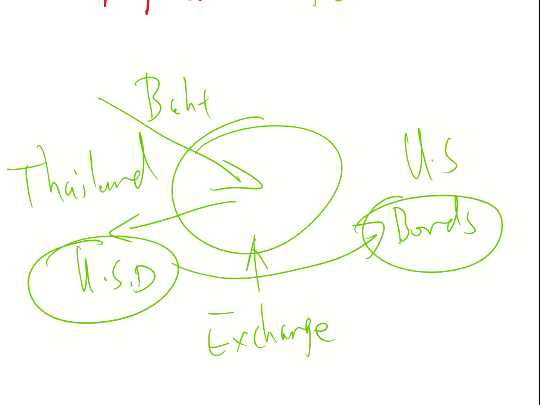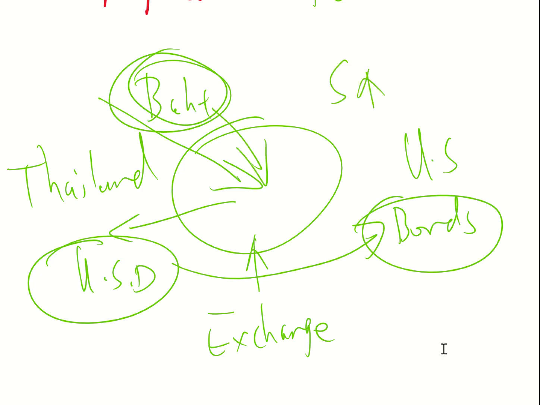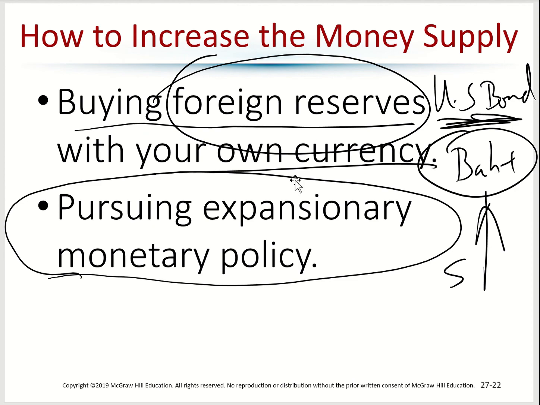So therefore, there are more baht in the exchange market, so supply increases. Okay, so that's an increase in money supply. Not in the sense of the individual local economy in Thailand, but in the global economy, there are more baht available to exchange for US dollars. Okay, and then vice versa, if you try to decrease your money supply, you do the reverse, right?